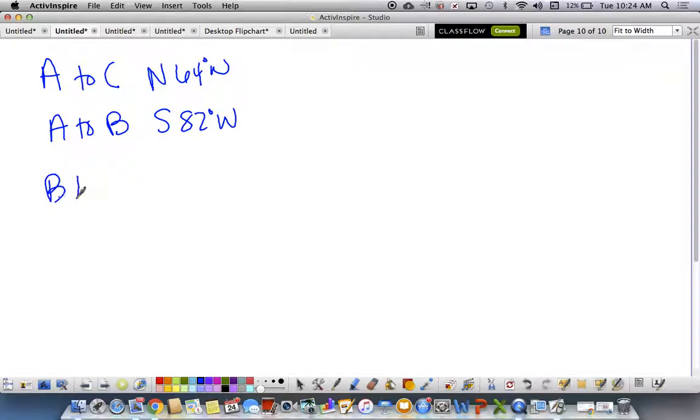From B to C was north 26 degrees east. C is north 60 degrees west. That's a W. From A to B is south 82 degrees west. B to C is north 26 degrees east. A plane flying at.